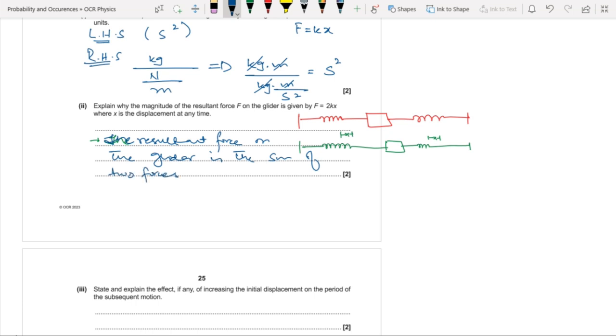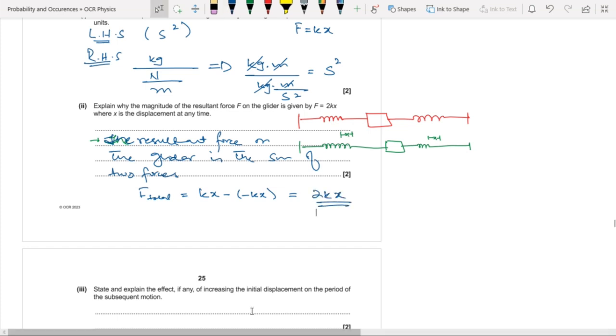Obviously the extension and compression are opposite in sign, so F total would be equal to kx minus the minus kx. So extension and compression, this would overall give us 2kx. This would answer the question.